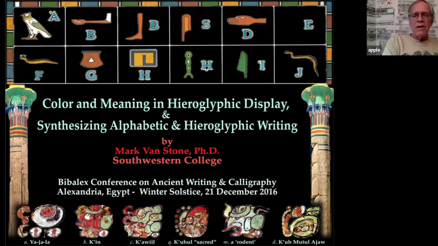Egyptian writing, for instance, has very specific colors. You'll notice the letters across the top, the masthead here. The bird, which is a kite, is represented in natural colors. The letter B is an arm, which is painted red.